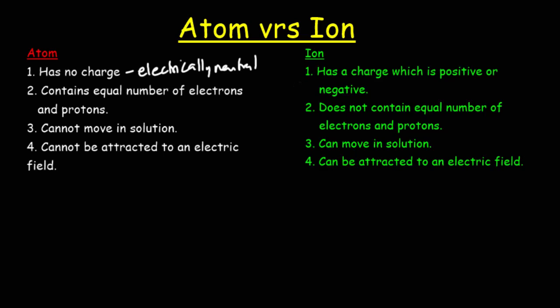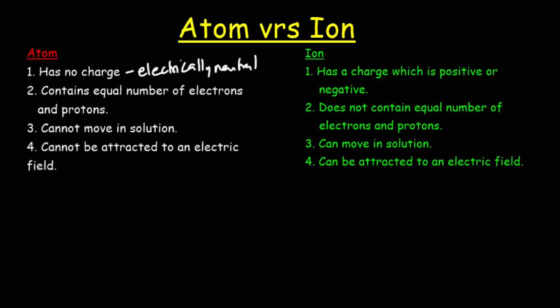On the other hand, an ion has a charge which is either positive or negative. From the definition of an ion, it is a charged atom which is formed when the atom loses or gains electron. So anytime an atom loses or gains an electron, it becomes an ion and it ceases to be an atom.